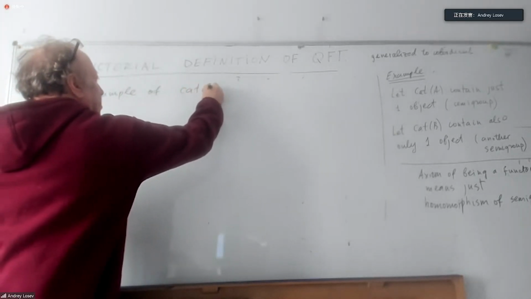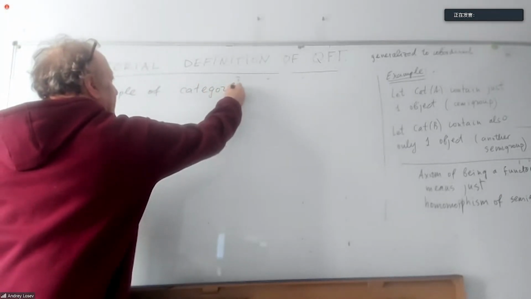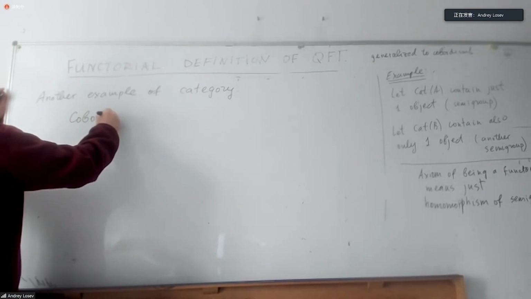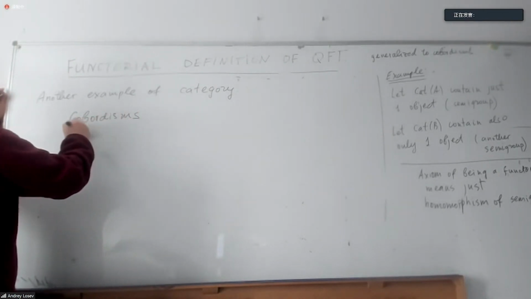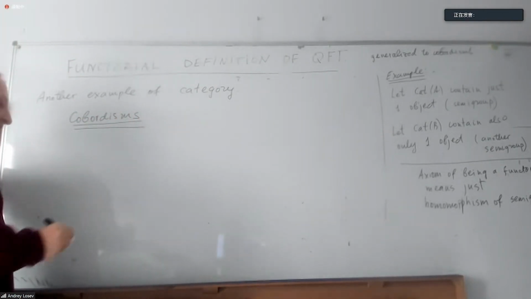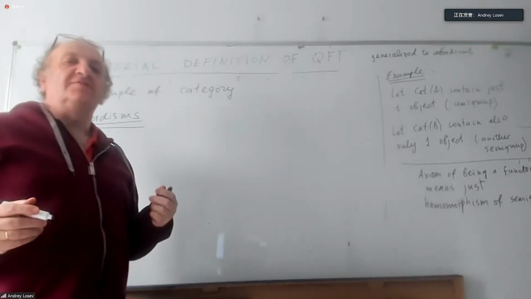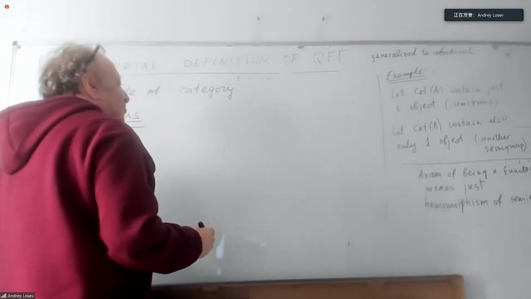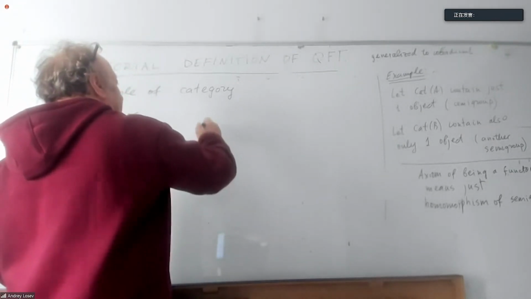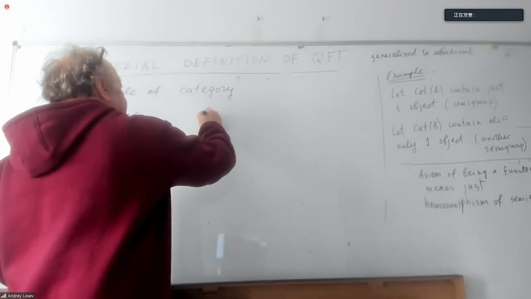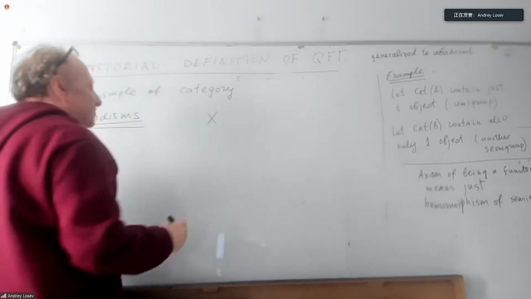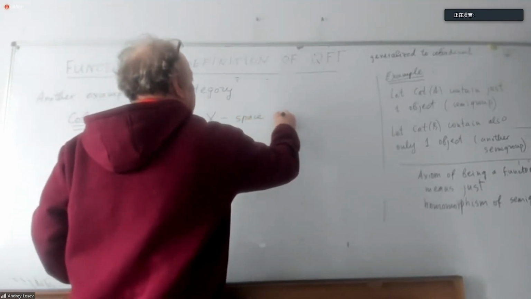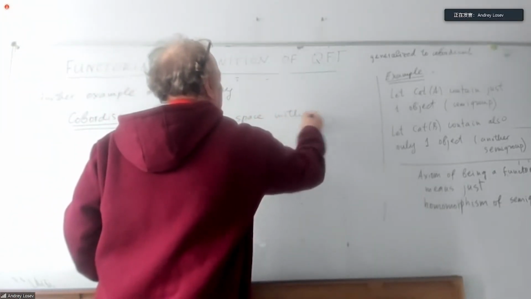It's called Cobordism. So what does the word cobordism mean? It actually means the following. Suppose you have X, a space with a boundary.